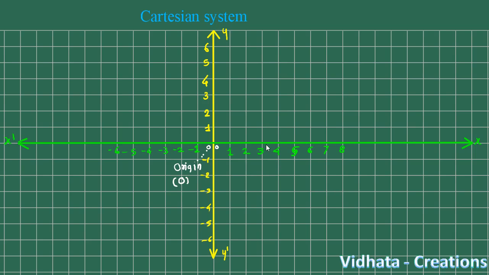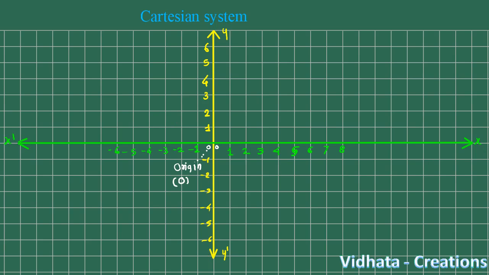Now again we will study the details of this graph so that you can clearly know about the Cartesian coordinate system. Just now I told you that the origin is denoted by the letter O, and the horizontal number line x dash is called the x-axis, and the vertical number line is called the y-axis.